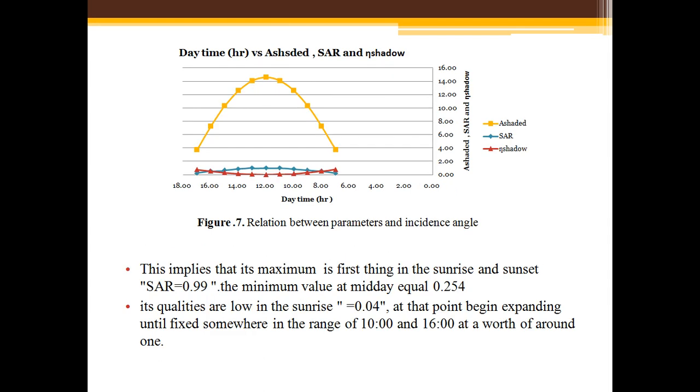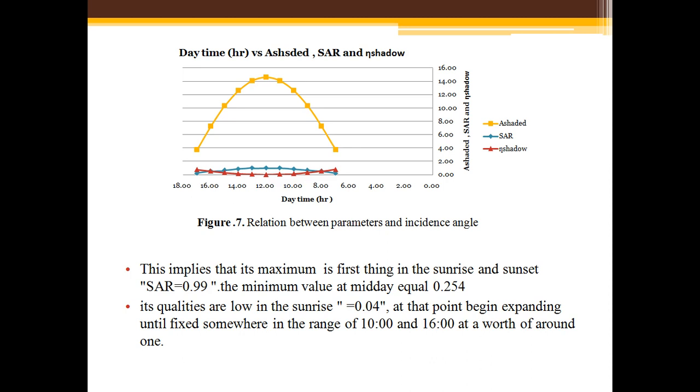This figure shows the relationship between the parameters and the incidence angle. A shaded, the effect of shading, the shading rate. The shaded area rate is directly affected by the change of the shaded area.